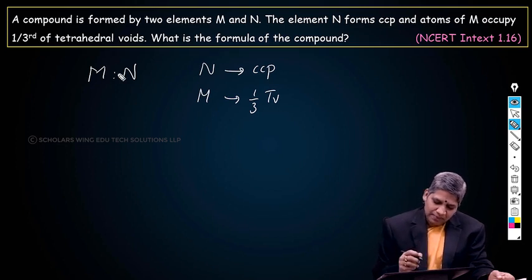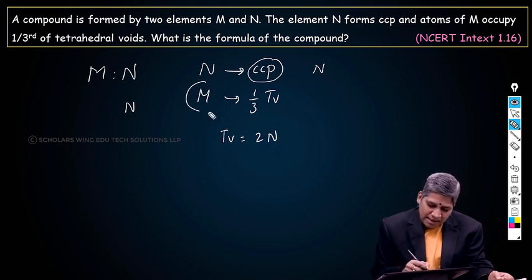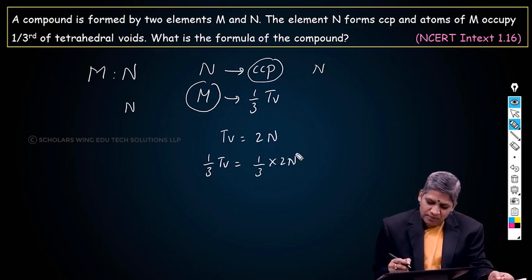Correct? Now N forming CCP means it is indicating the lattice points, once again represented as N lattice points. And TV, how many TVs are there? Just now we saw 2 times N. But these M atoms are occupying 1/3 of TV. What is 1/3 of TV now? 1/3 of 2N, that means 2 by 3N.